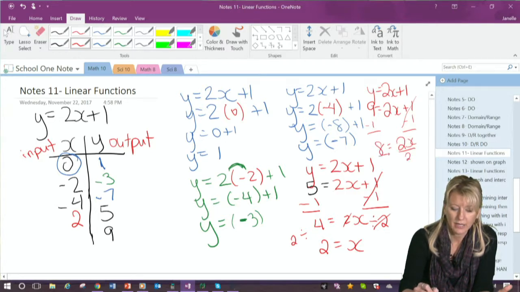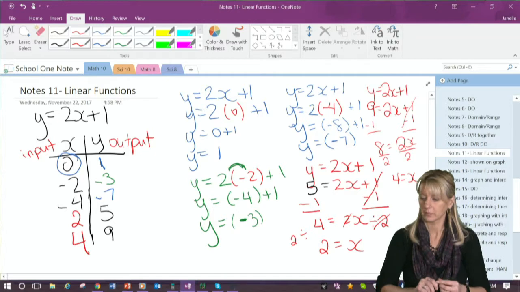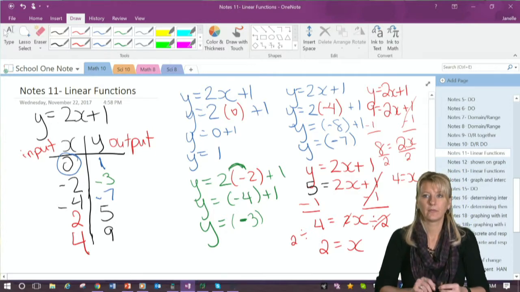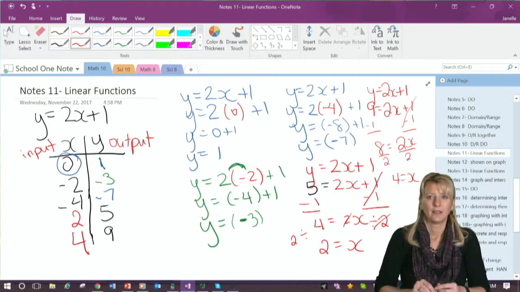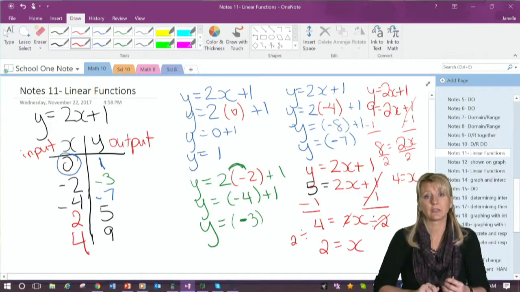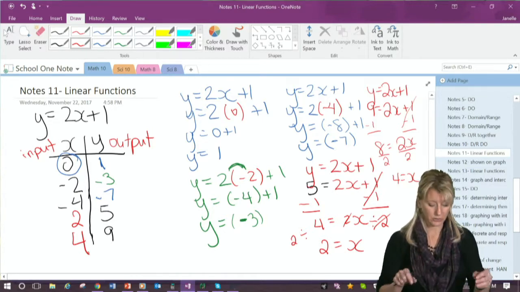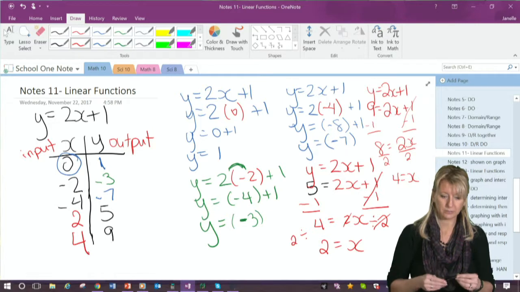Divide both sides by 2. And you get 4 equals x, which means the 4 goes over there. Okay? So that is just a review of previous input-output stuff that you need to make sure you're able to do in this unit. So that's just making sure you guys are okay with that.